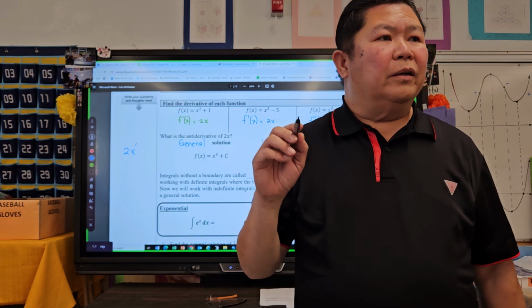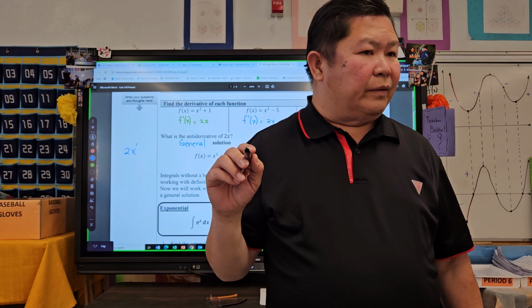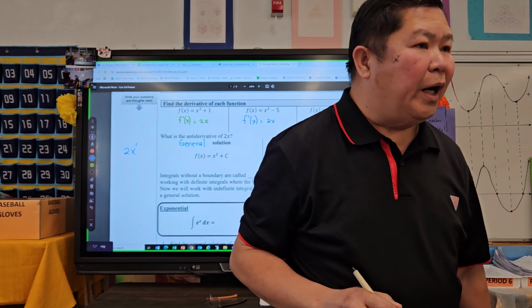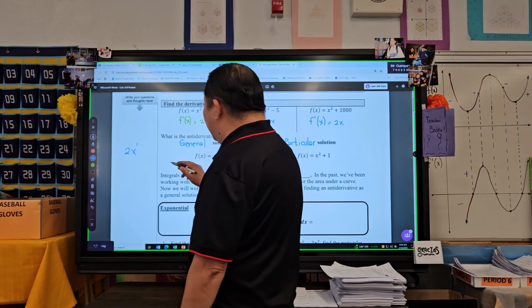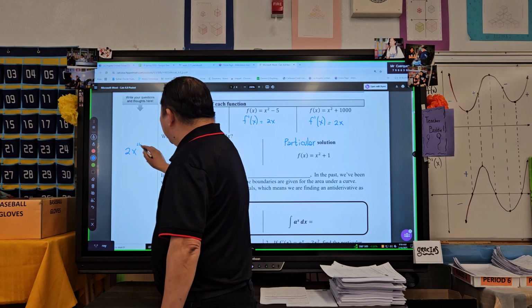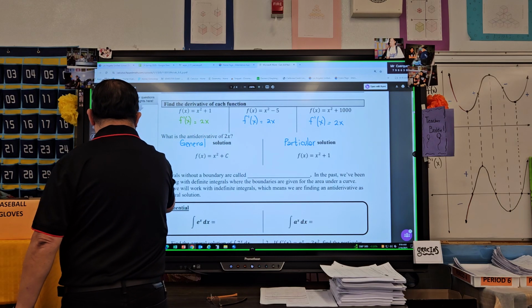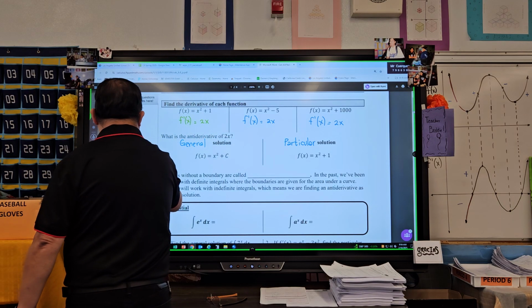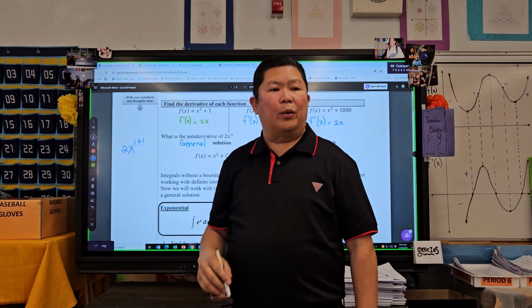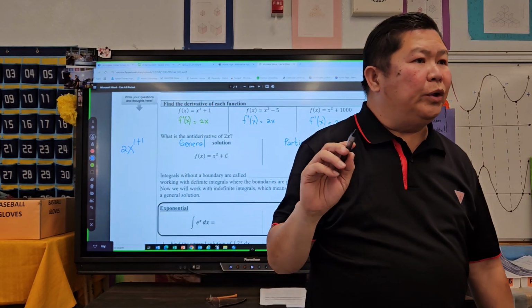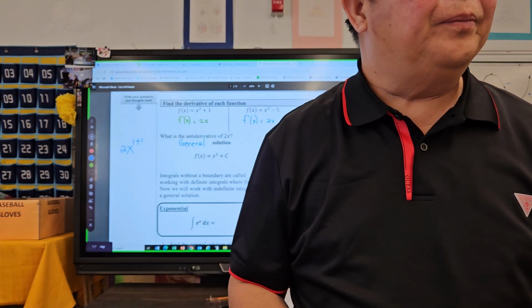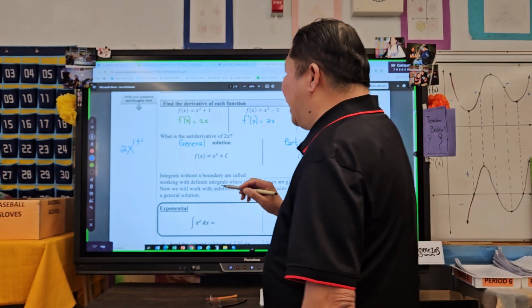And then what do we do if it is antiderivative? The power is added by 1, so the new power is 2. And then what do we do with the new power? Make that a divisor.